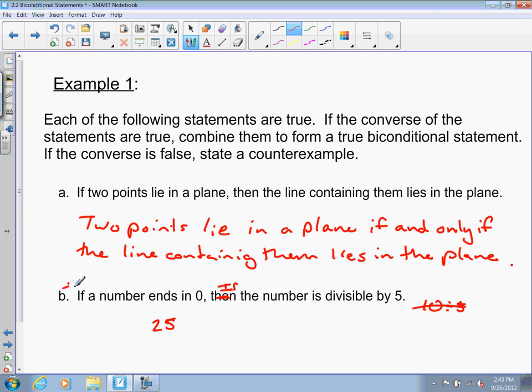It's the conclusion part, the then part: then the number ends in 0. Well, does my number 25 end in 0? No. So my counterexample is 25 is divisible by 5, but does not end in 0. Okay, that's my counterexample. So the biconditional statement is not true, but the original statement was.